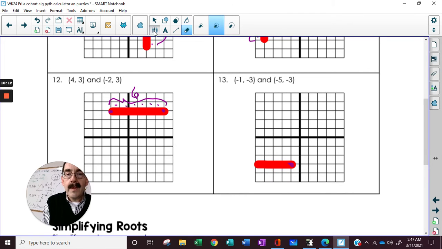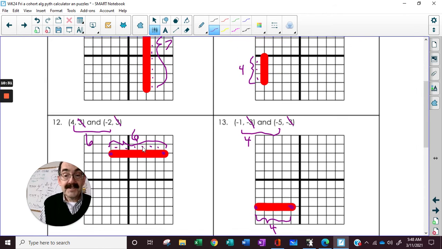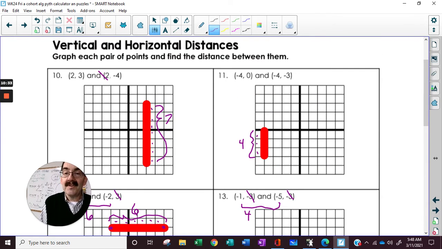Now, some of you might be noticing that those are the same gap of 4. Those are the same gap of 6. Those are the same gap of 7.